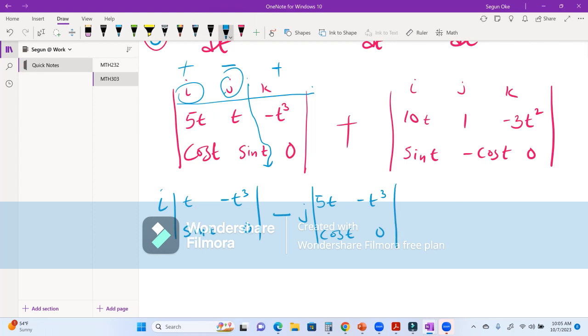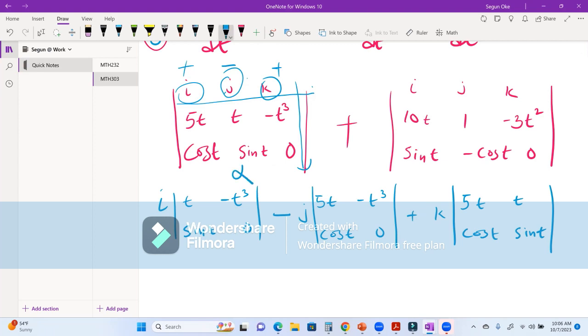Then the last one will be plus k. I pick k, and the row and column are crossed out. It remains 5t, t, cos t, sin t. That's the first matrix. Let's call this one the entire matrix, or let's just call it G.